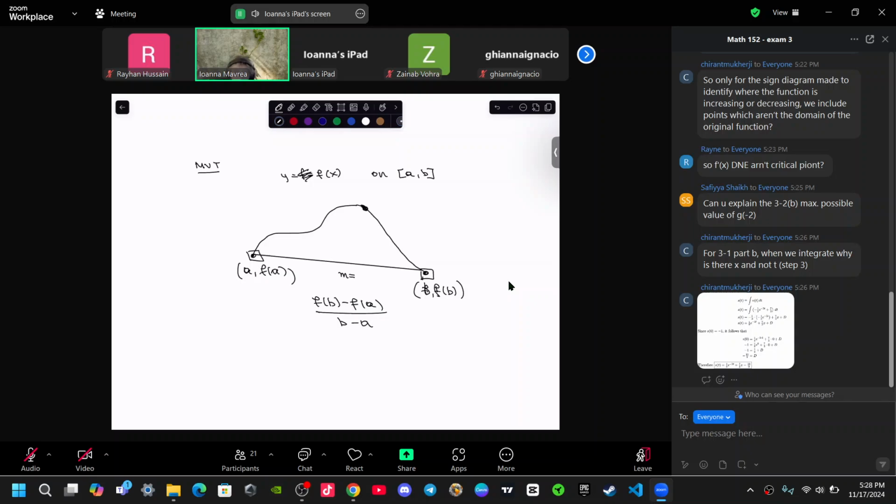Not on the very top, no, maybe a little higher, where the tangent line, let's pretend like that, has the same slope, is identical to this. So the tangent line has this slope, the derivative at this point. So there will be a point C where the derivative, that is the slope of the tangent line, is equal to this number.